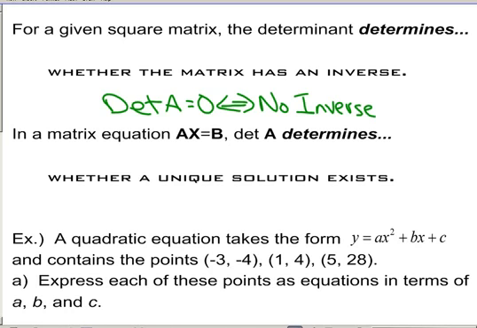Which means that we couldn't have done some of the things that we did in the previous slide using inverses, say using A inverse. In a matrix equation, det A determines whether there's a unique solution, whether you can actually do this A inverse on both sides. So here, if we find that det A equals 0, that means there's no unique solution.